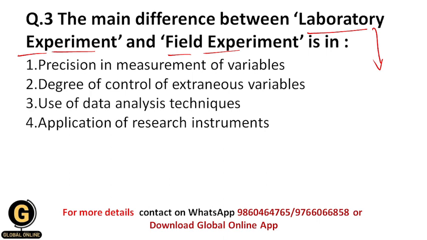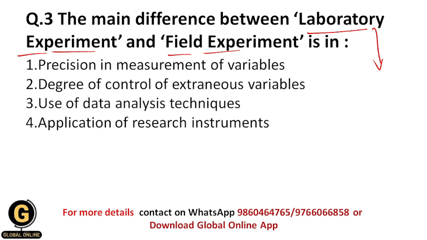Within the field experiment, as it is wholly natural, we don't have proper control over the extraneous variables. Basically the extraneous variables are the variables which the researcher doesn't want to study, but because of these extraneous variables there can be a false effect on the results of our research study.